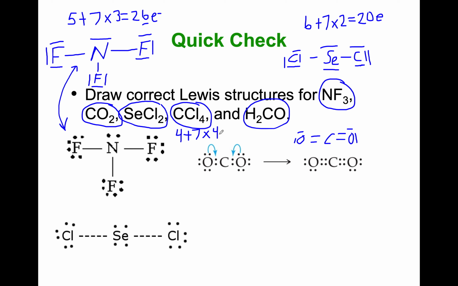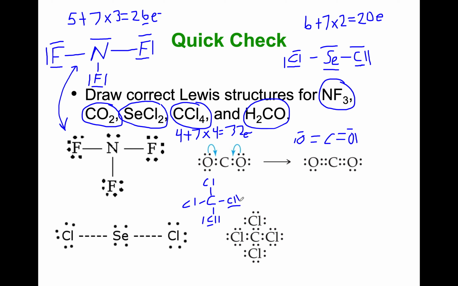So you can take a look, that should give us 32. And if we do this, that's 8 around each chlorine. So you could also draw it, I would draw it like this. Carbon tetrachloride, and everything has an octet. Each chlorine has 6 electrons as lone pairs there.